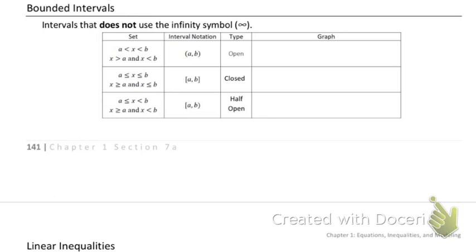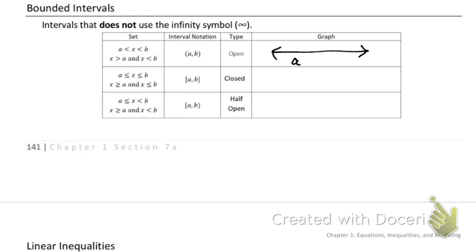Our interval notation will be parentheses because we don't have equal to signs, and we'll have parenthesis a to parenthesis b. Once again, this is open because I'm looking for a number bigger than a, but you can't actually name that number because, like we said with 1 to 20, if you have parentheses around it, you can't actually use 1 or 20. We don't actually know what value we start or end with. So this is going to be an open type system, our graph.